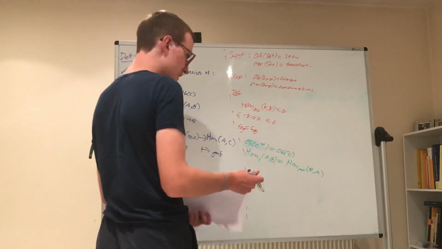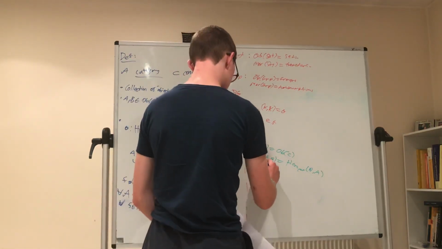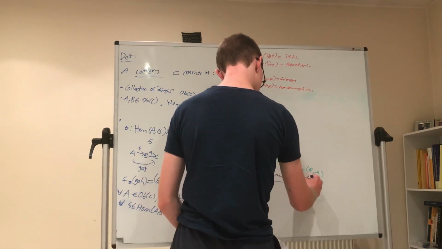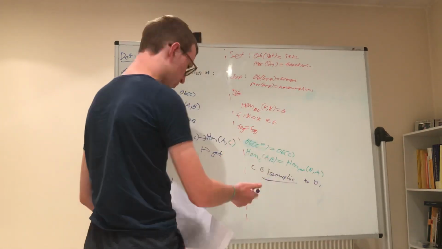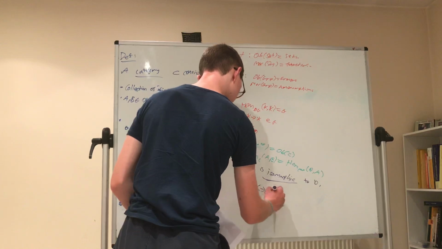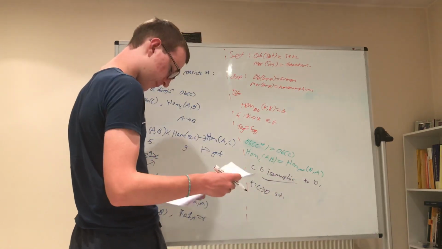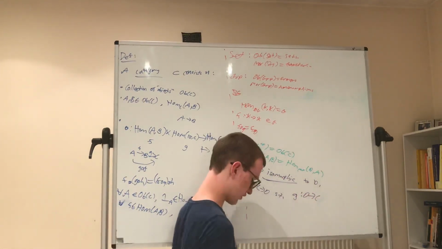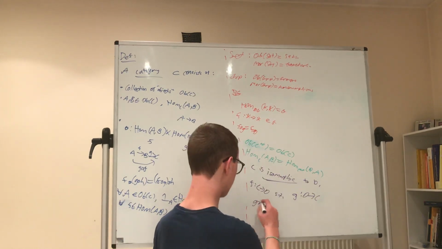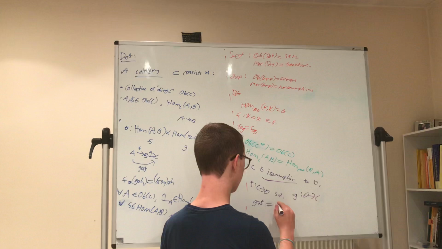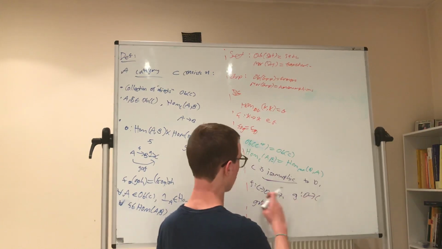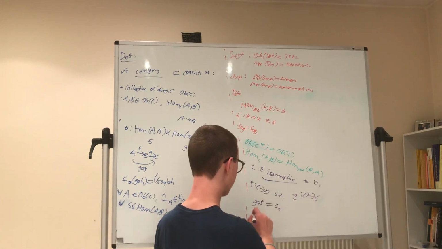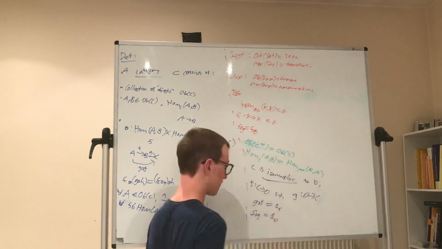Given two objects C and D of our category, we say that C is isomorphic to D if there exists some F between C and D such that there exists a morphism G from D to C such that G composed with F is equal to the identity on C, and F composed with G is the identity on D.